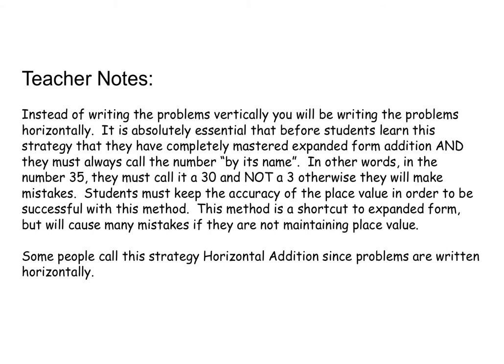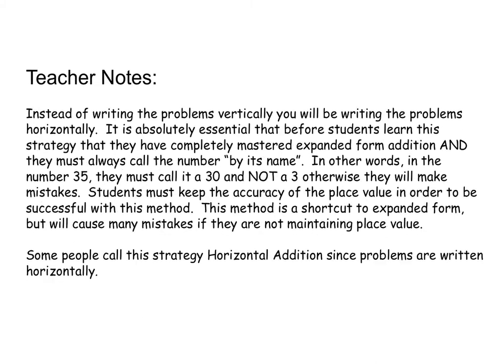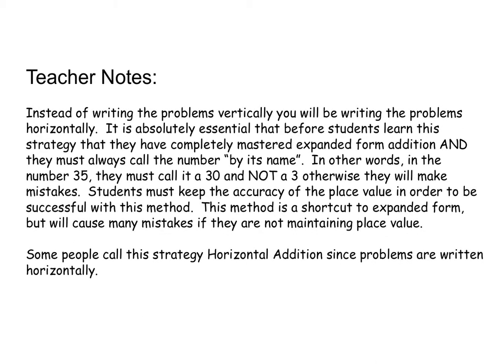The reason we call it horizontal is because basically we're writing the problems horizontally. For example, we will write them like this: 82 minus 61. So we will subtract them horizontally instead of in columns.